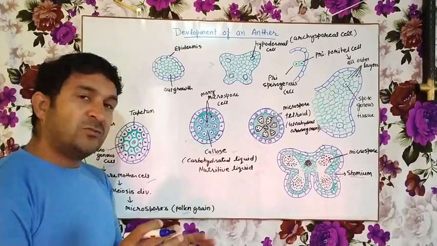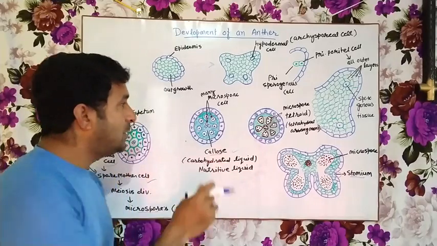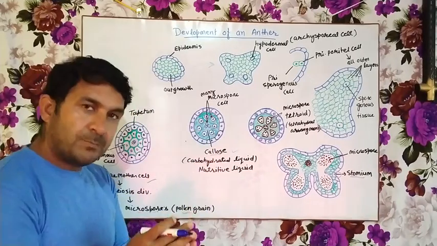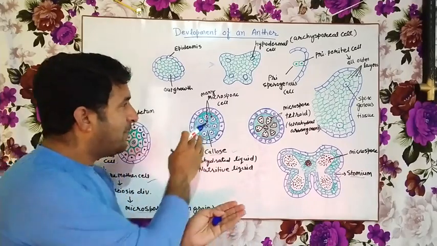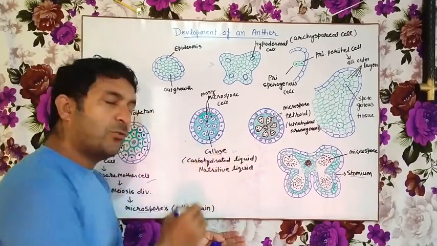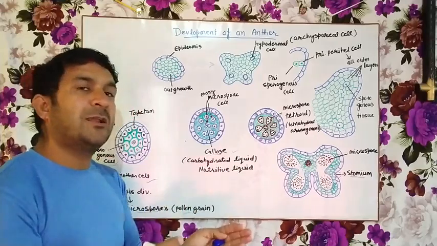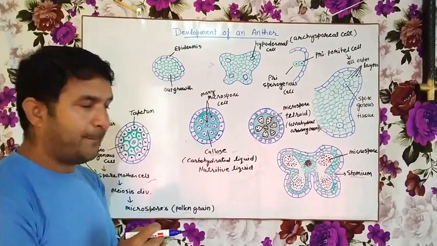So the callose provides nutrition to the microspore at the time of development, and after getting the nutrition from the callose, the microspore develops and converts into pollen grain.